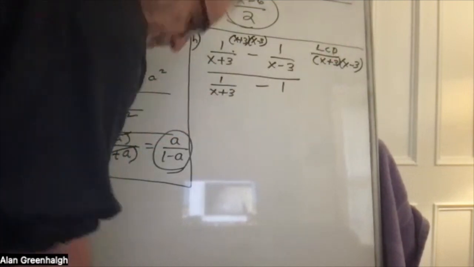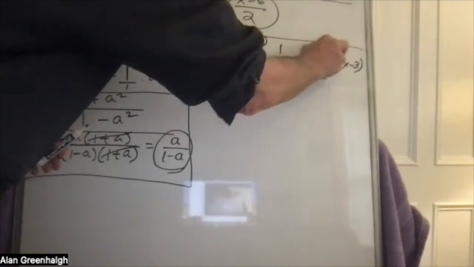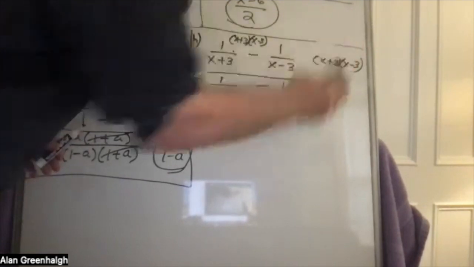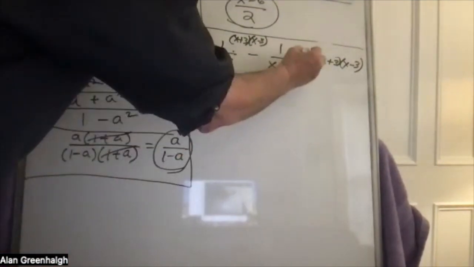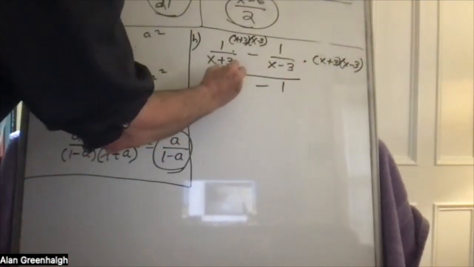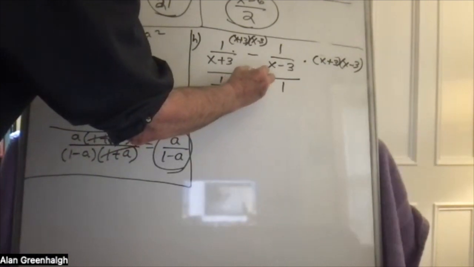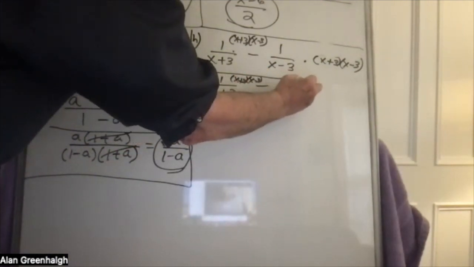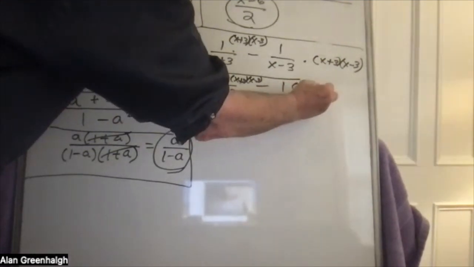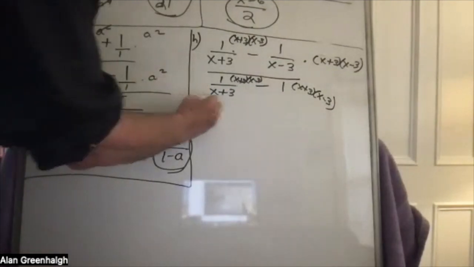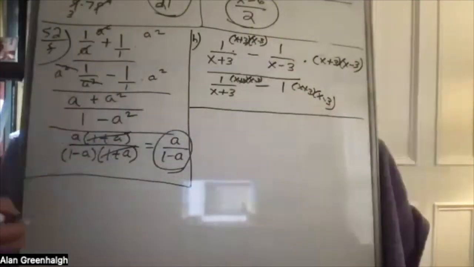Let's use what's already there, and kind of cheat a little bit and use that to multiply. And then here, x plus 3, x minus 3, and x plus 3, x minus 3. Now let's begin, and we put the answer over there.